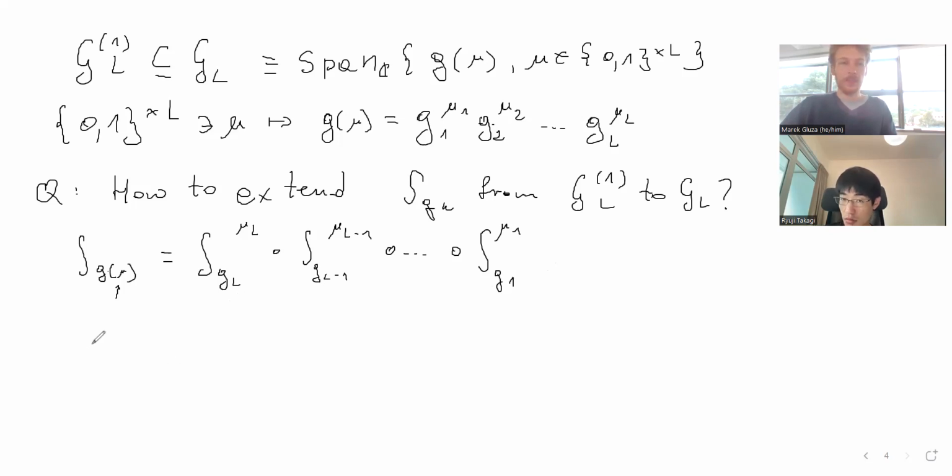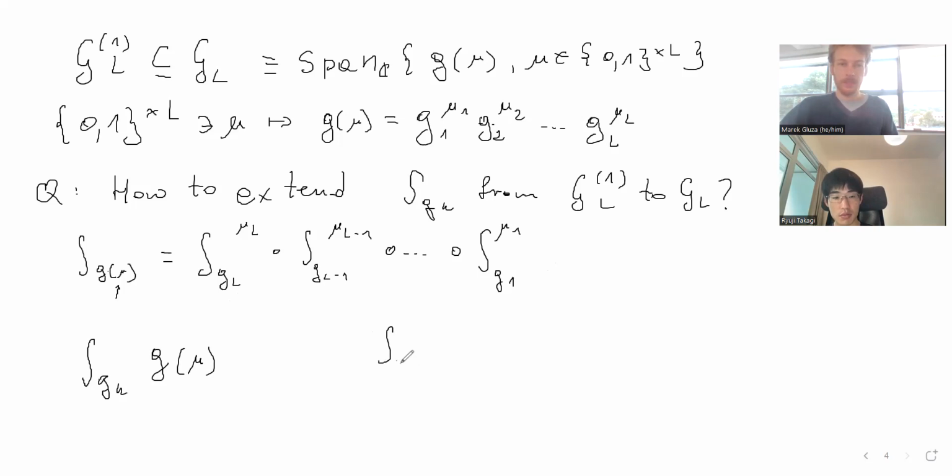And now the question is how this map is acting. So I have G K, and how this map is acting on G mu. We just need to consistently define it. And the best way to define it is to do some sort of sorting.